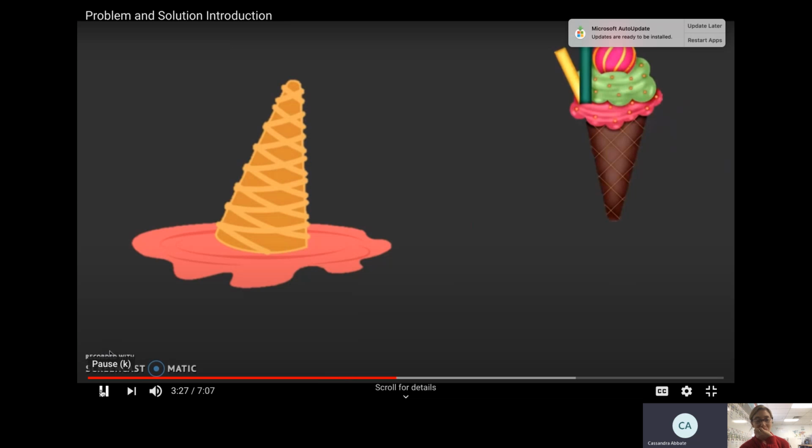But this is a good example of sometimes there's a problem and there can be more than one solution. So our problem was that we dropped the ice cream cone on the ground. And one solution would be that we just buy a new cone. But a different solution would be that we get an ice cream that goes into a dish or like a cup. So we don't have to hold it so carefully in our hands.